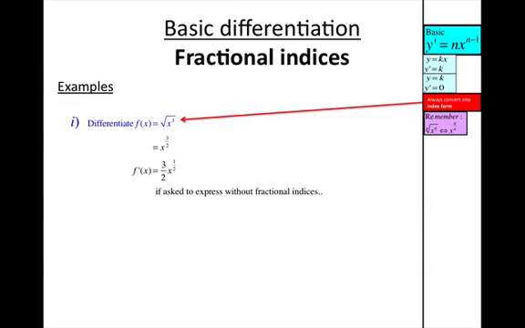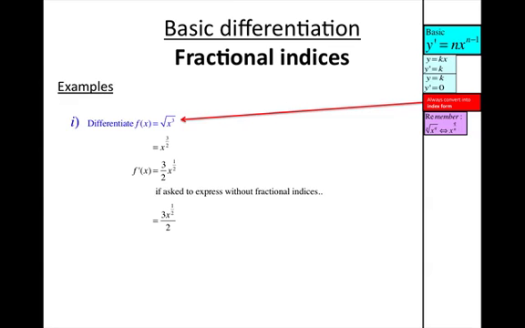Again, they could ask you to express it without fractional or negative indices. So we need to be able to reverse the process. I just like to emphasize that the x to the half is on the top, obviously, because it's times by. So I just rewrite it as 3x to the half on 2. Now x to the half, working backwards, we know that a fractional index goes backwards to a root.